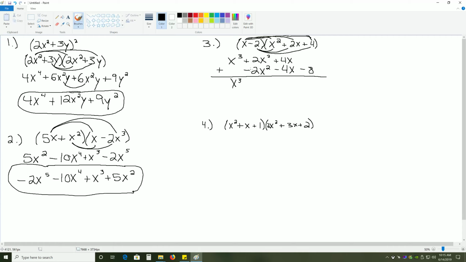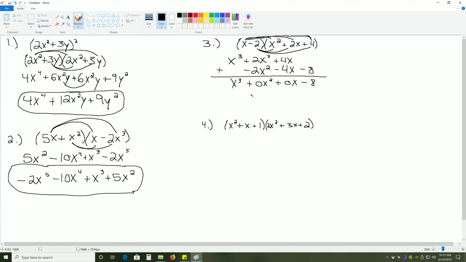Positive 2x squared minus 2x squared is just 0, so we'll just put a 0x squared here. Positive 4x minus 4x is again 0x or just 0. And then negative 8 plus nothing is just negative 8.